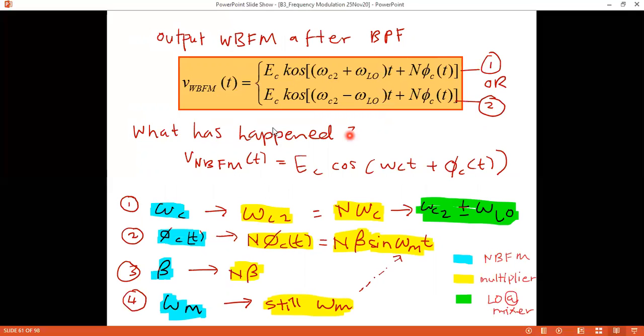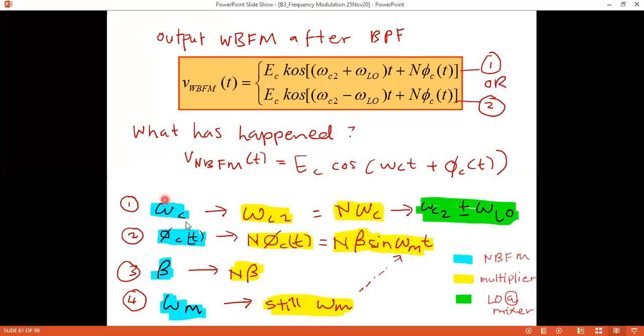And just to summarize what happens in this wideband FM process, if you compare with the original narrowband FM equation, which is equal to EC cos omega C t plus phi C(t), the operating frequency and also the phase deviation phi C(t) will be multiplied together with the modulation index.